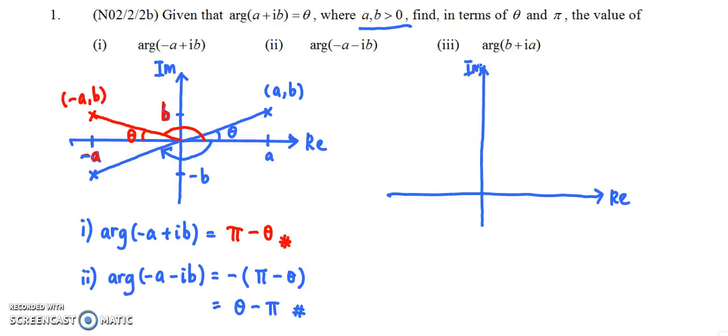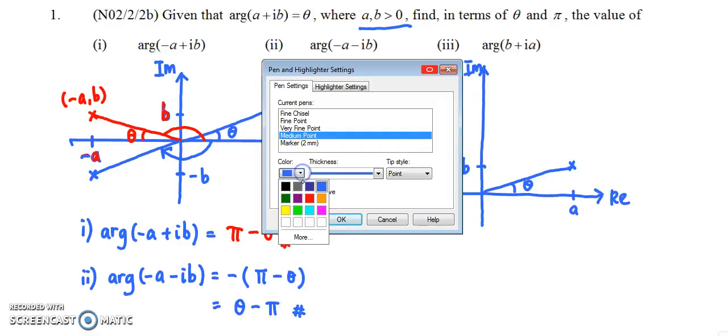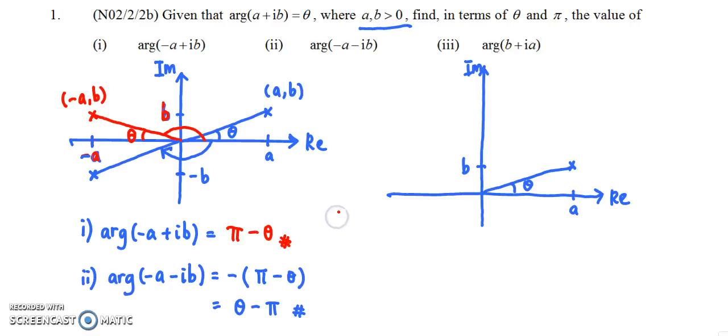If again I identify my original complex number a plus ib to be over here, then if I would like to identify where my new complex number b plus ia is, now for the real part, we need to measure b units. In this case, you could see that just now our b unit is this long.